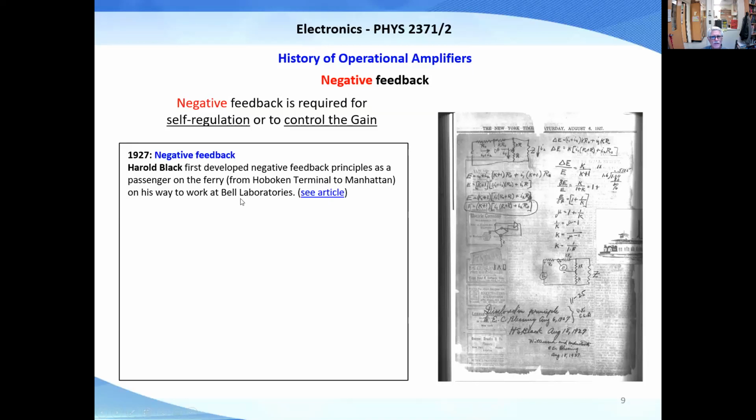He worked at Bell Laboratories, which I guess was in Manhattan for a while. Then it moved to New Jersey. But it was a premier research laboratory in the world for many years, up until Bell Telephone was broken up into smaller pieces.